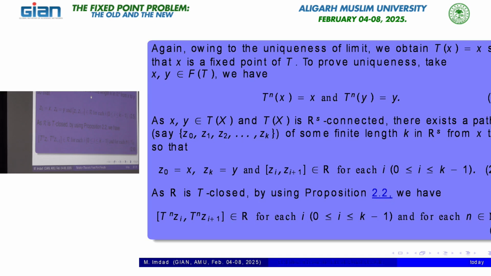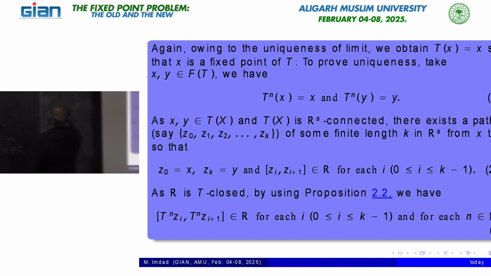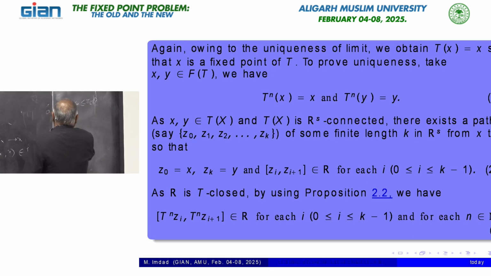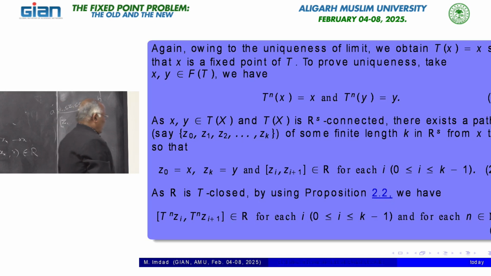Suppose this is z naught and this is z k, which you take as a and b. Then you have a sequence z naught, equal to or less than z 1, equal to or less than z 2, up to z k, and these sequences are what we call order preserving sequences. So the order is preserved.